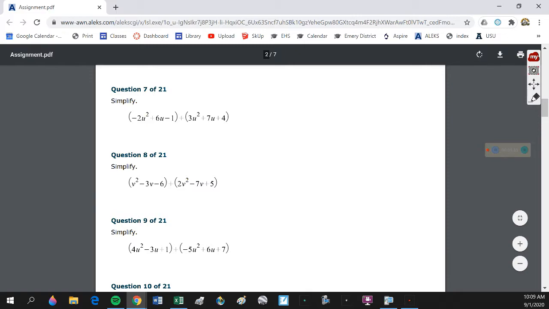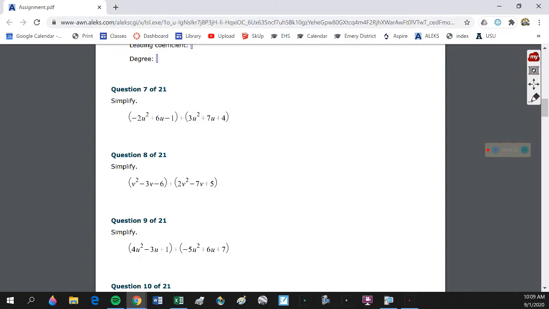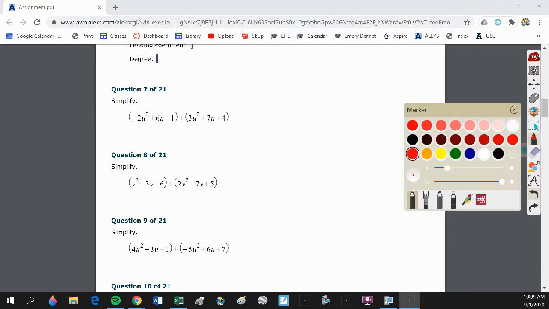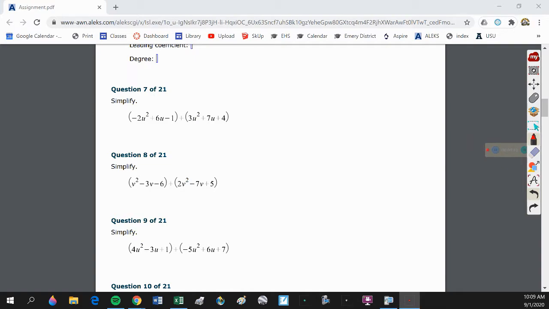So, looking at this, we have 2 polynomials. We have to identify which parts of the first polynomial match up with the parts in the second polynomial. We have u squareds, so -2u squared plus 3u squared would be 1u squared.